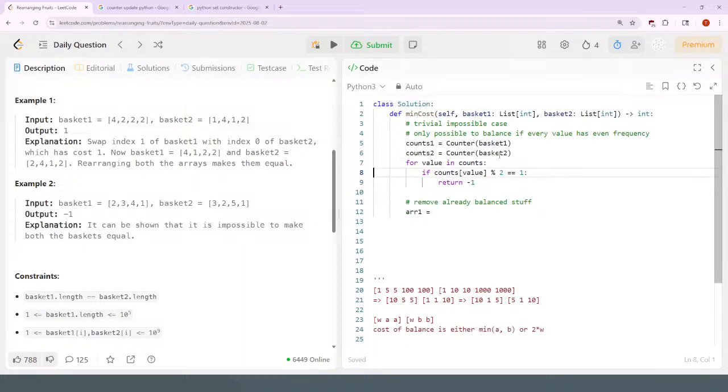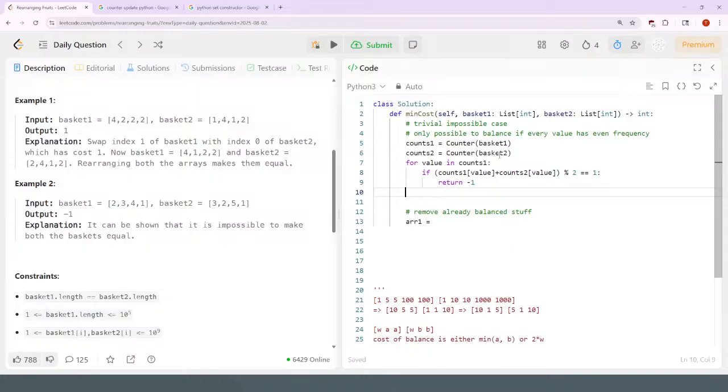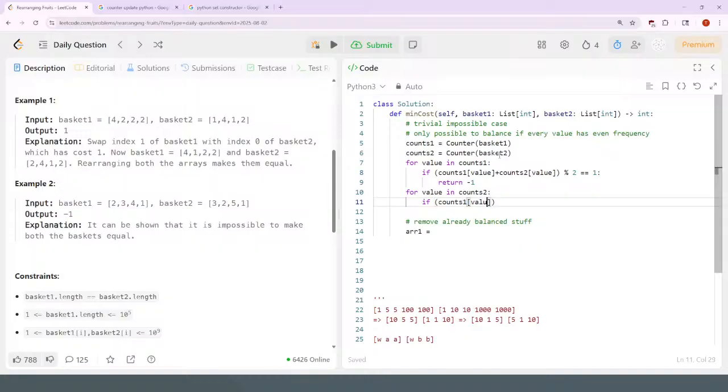Maybe I should just use, for every value in counts 1, if the counts 1 value summed up with the counts 2 of that value has a remainder of 1 when divided by 2, and the same for every value in counts 2.